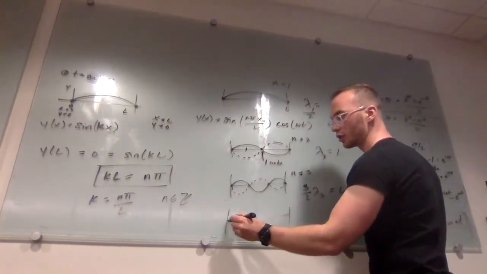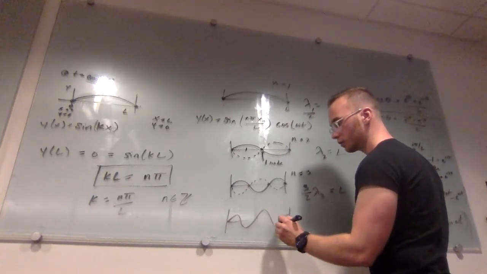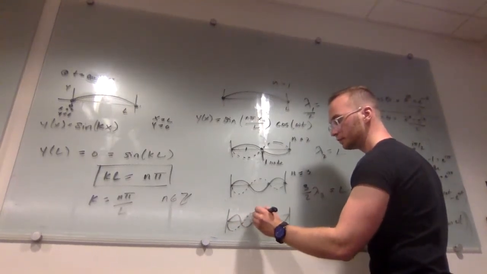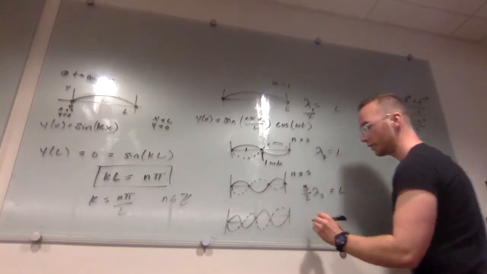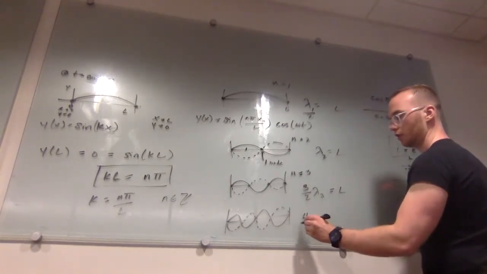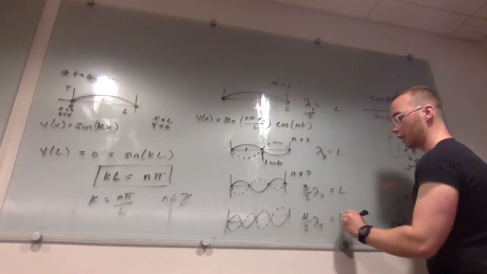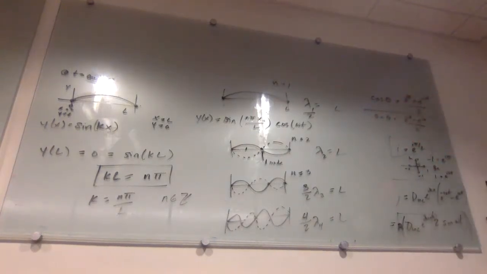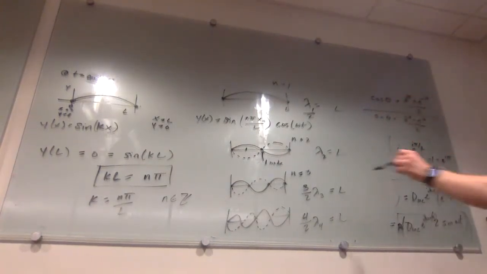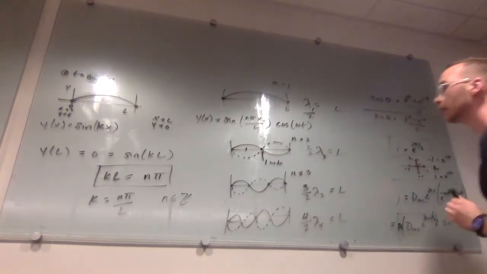And you can see, I'll just draw n equals 4, even though we sort of know what it's going to look like. This should be 2 wavelengths. And I'm going to write that as 4 halves, for a reason that should be obvious now if I write this as 2 halves.